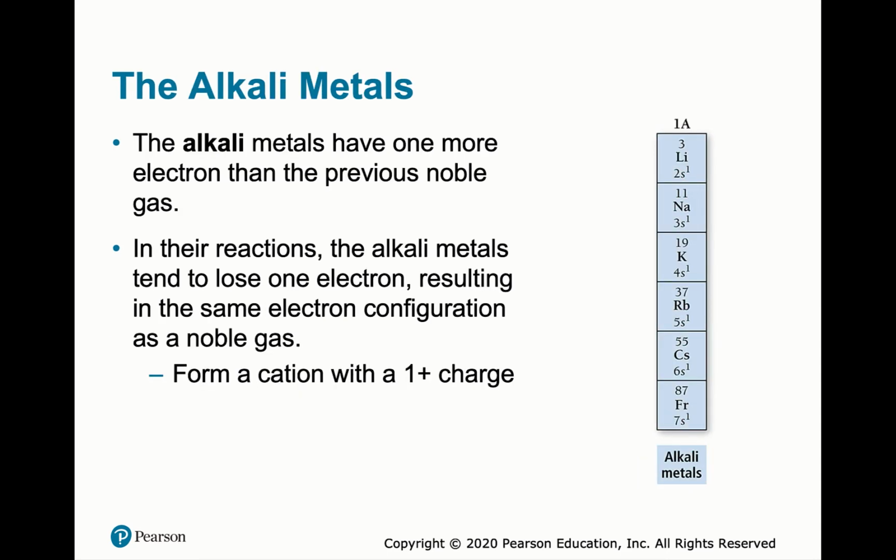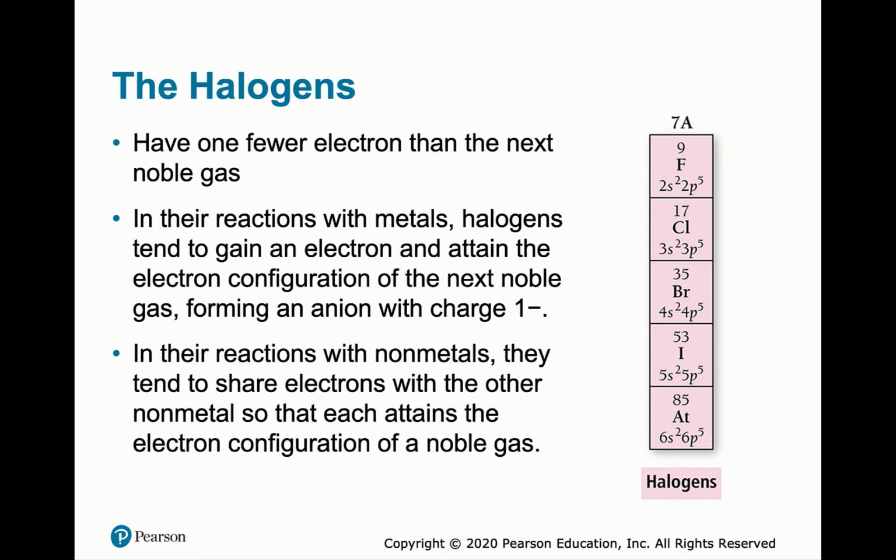Alkali metals, on the other hand, are one electron away from being a noble gas. Because of that, they're very happy to lose that electron and gain that low-energy noble gas configuration. So these tend to form +1 ions and, like I said, react very violently.